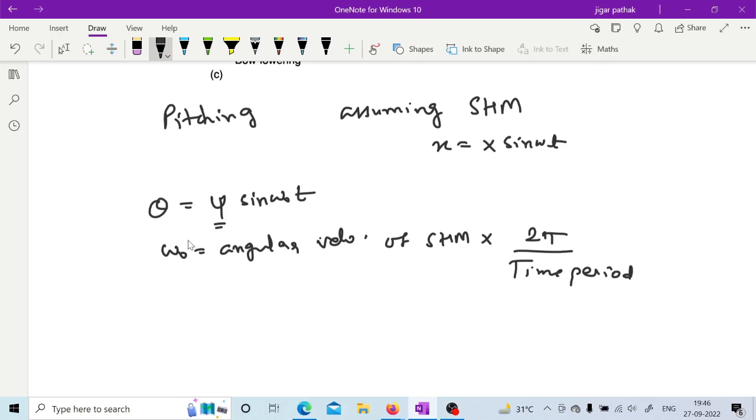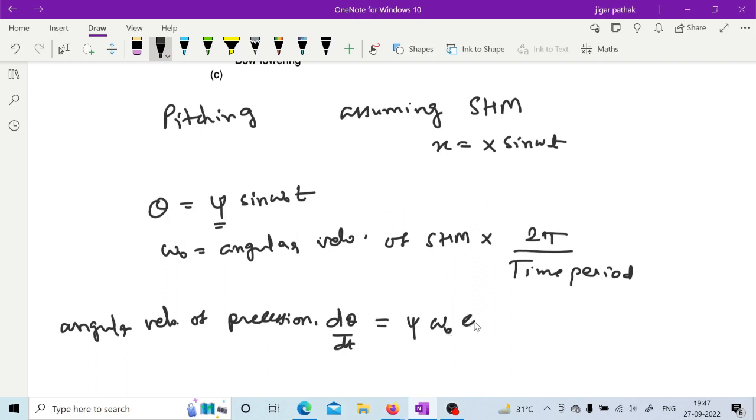Once you have this displacement, from that you can go for the angular velocity of precession, that is d theta by dt. d theta by dt you can directly write as phi omega 0 cos omega 0 t.